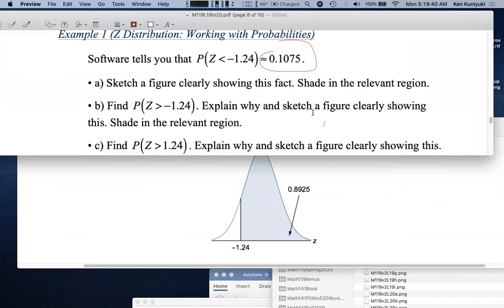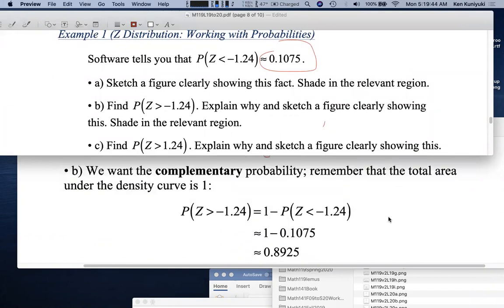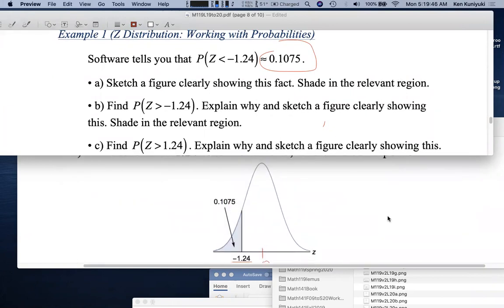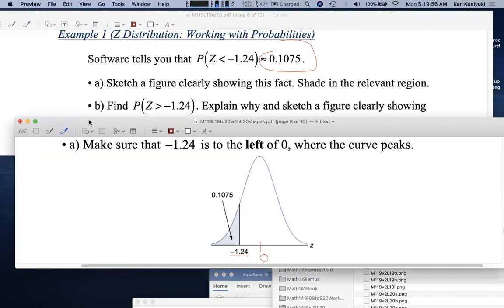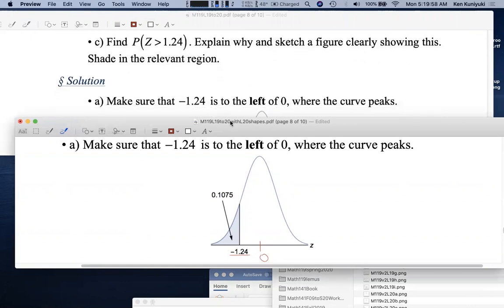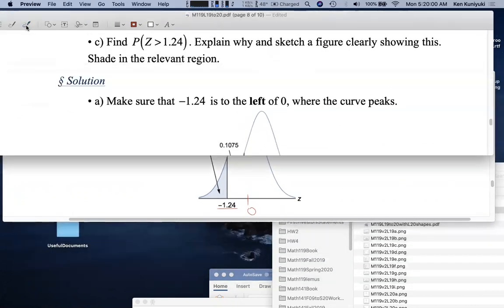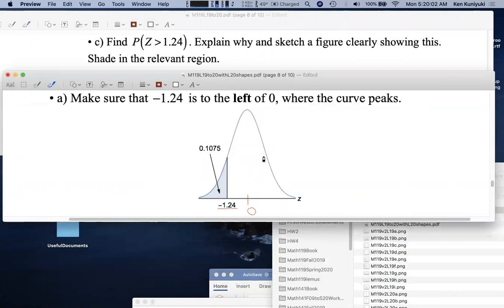Now, what about C? Find the probability that Z is greater than 1.24 based on the original picture from part A. How can we find that? Well, here's the deal. If negative 1.24 is over here, then by symmetry, wouldn't it make sense that positive 1.24 would be over here, right?